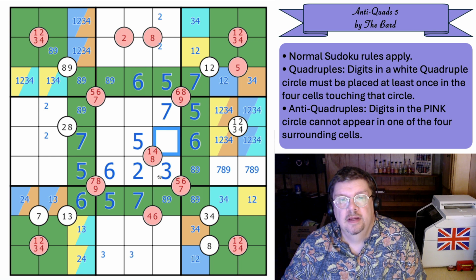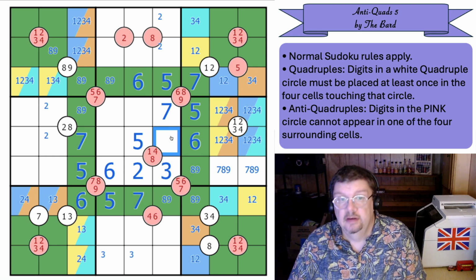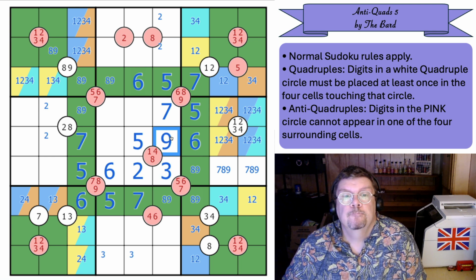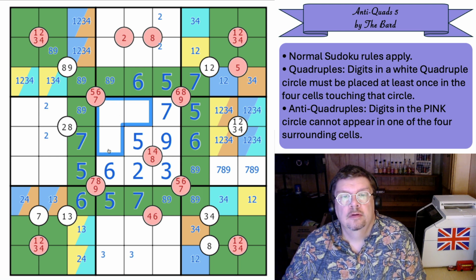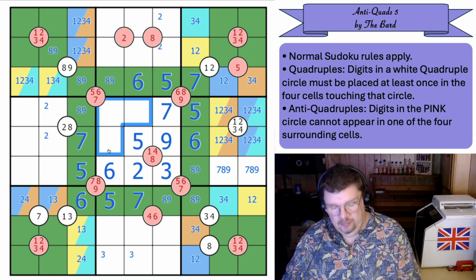It's not 2 or 3 or 6 or 7, so that's a 9. These are 1, 4, and 8 in some order.